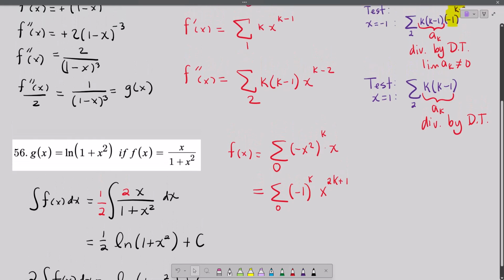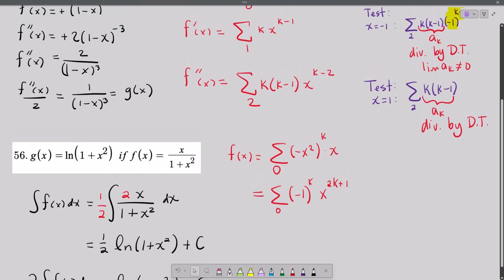So what we learned last class was that when we do a substitution, you have to do the same substitution into the interval of convergence. When you multiply by a power of x, we saw last time that it doesn't change the interval of convergence at all. So the multiplication by x isn't going to change anything with the interval of convergence, but this substitution could.